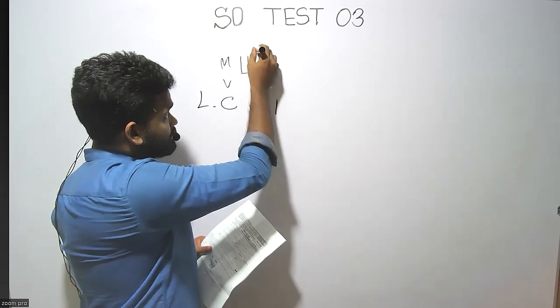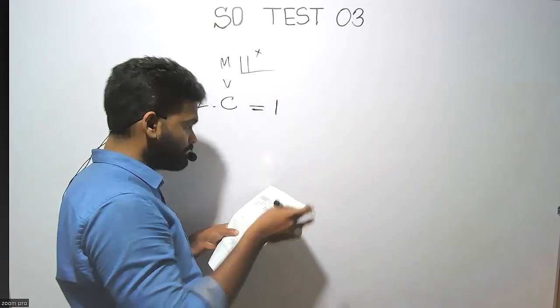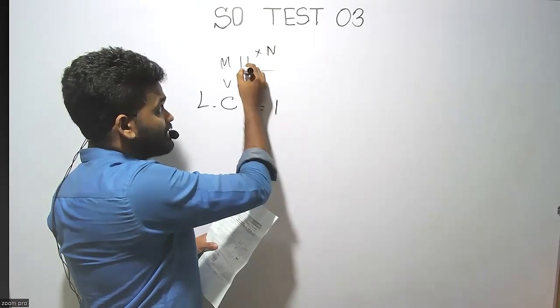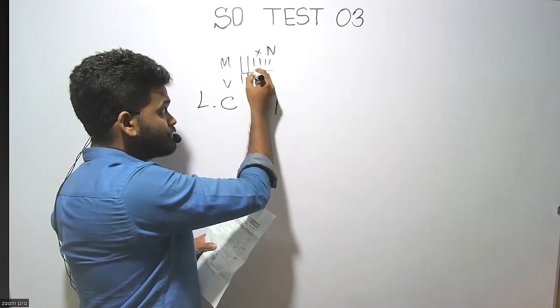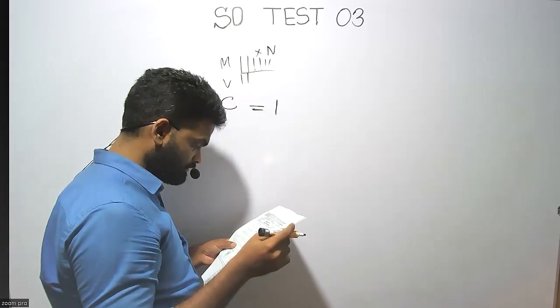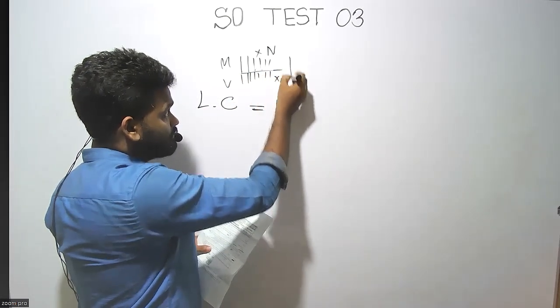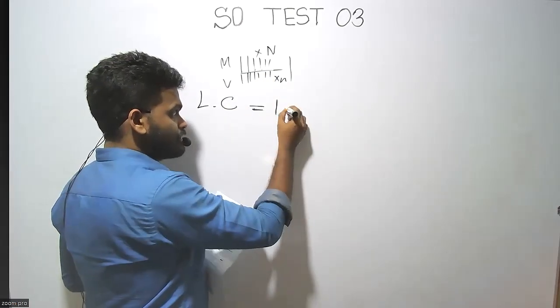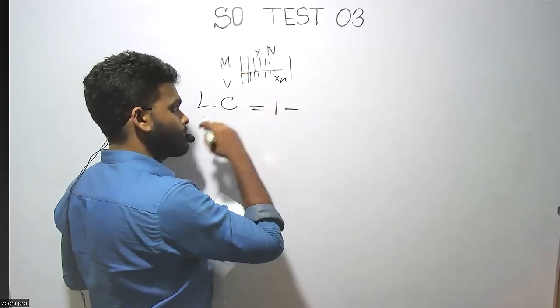Then capital N number of main scale divisions is divided into simple n number of vernier scale divisions. So minus, what is the length of a vernier part?